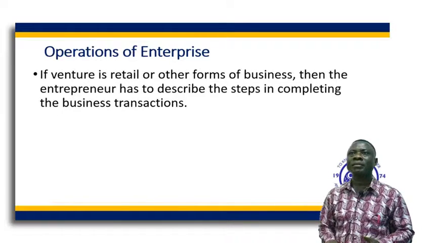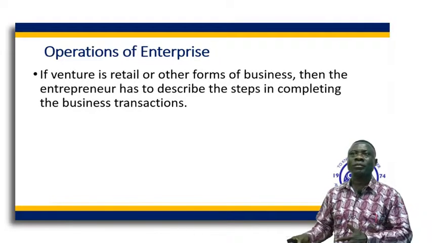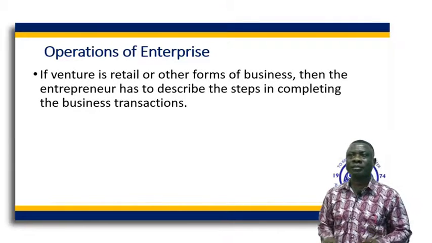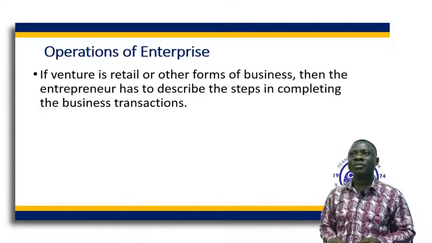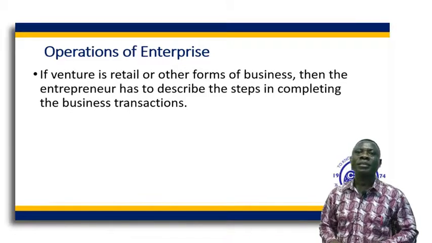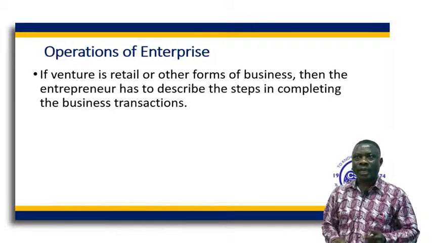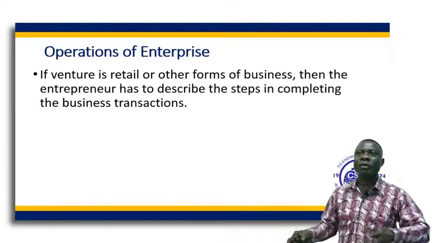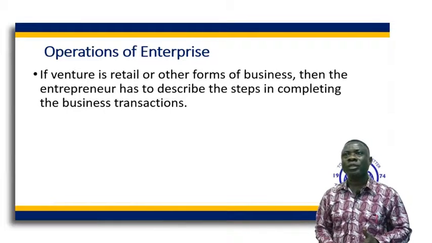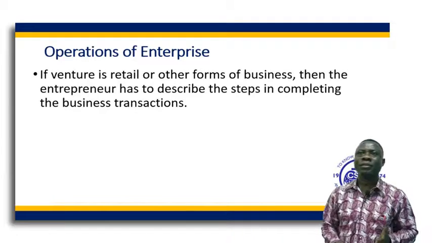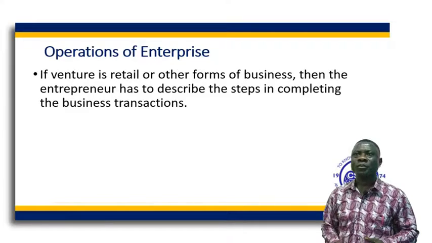And the operational plan has to deal with what goes on, the processes involved in actualizing your service for consumption by the end consumer. And we look at how you plan all these things. So once more, we continue today from that stage, and then we move on, see how far we can go.